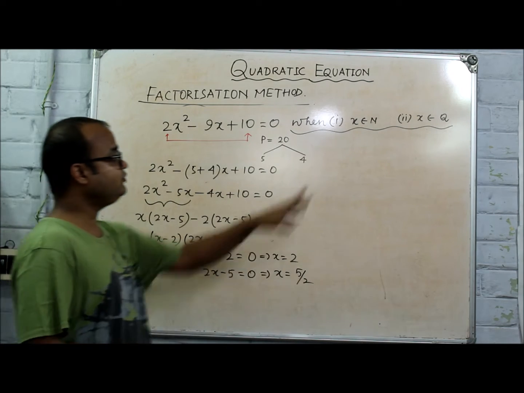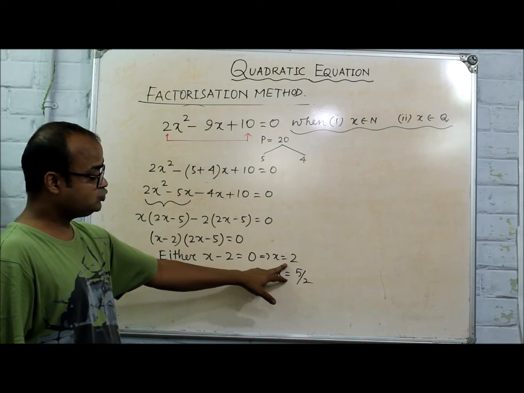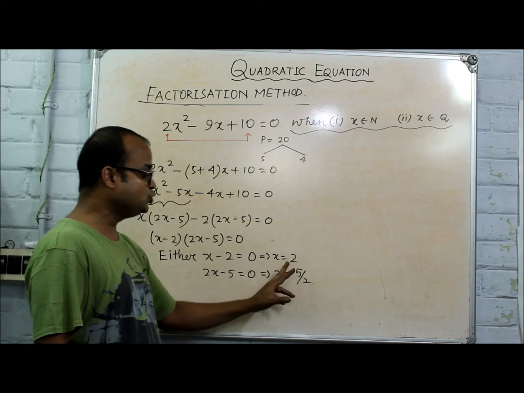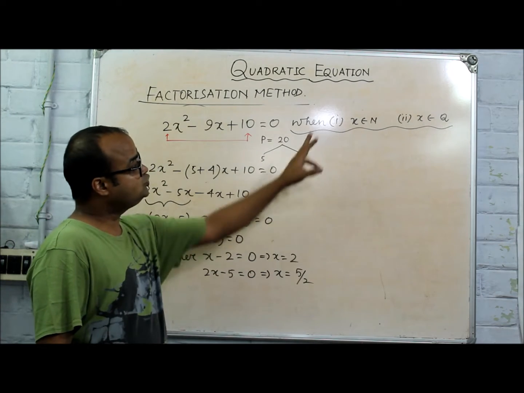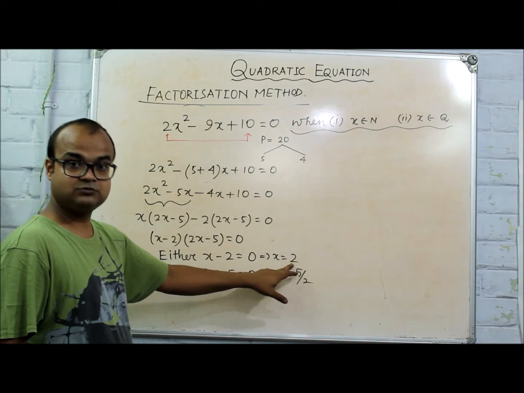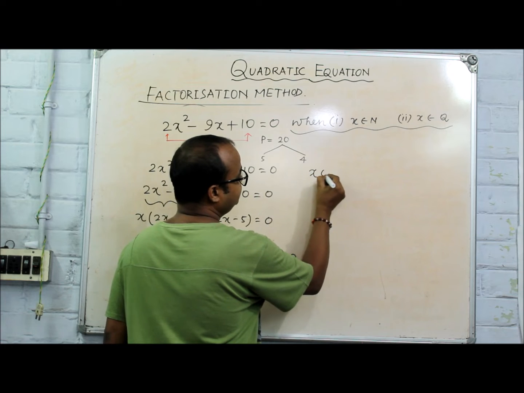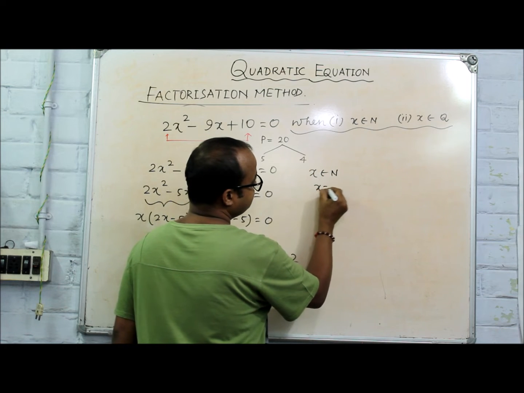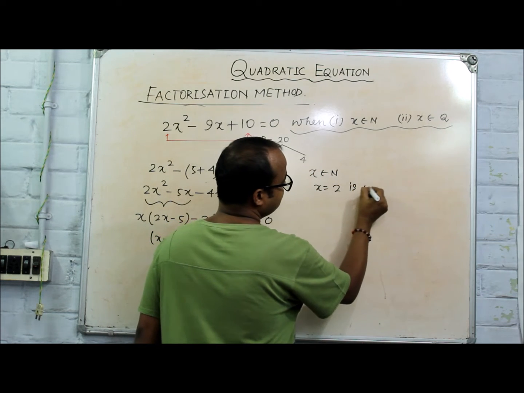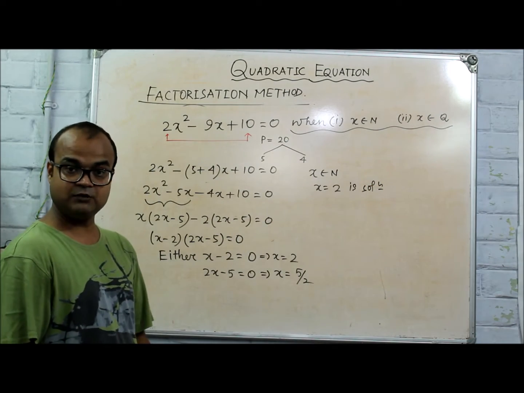Now as I told you, we will discuss this part later on. Now see, here we will get two values of x, that is 2 and 5 by 2. So when x belongs to n, we will take x is equal to 2 as a solution, because 5 by 2 is not a natural number.